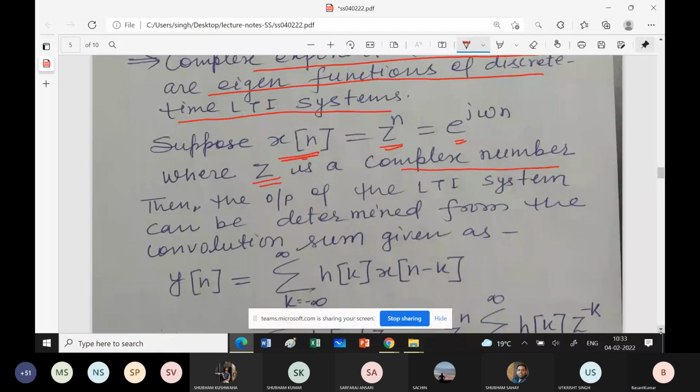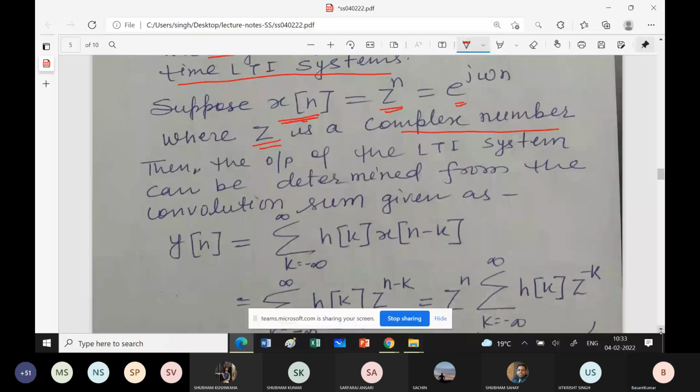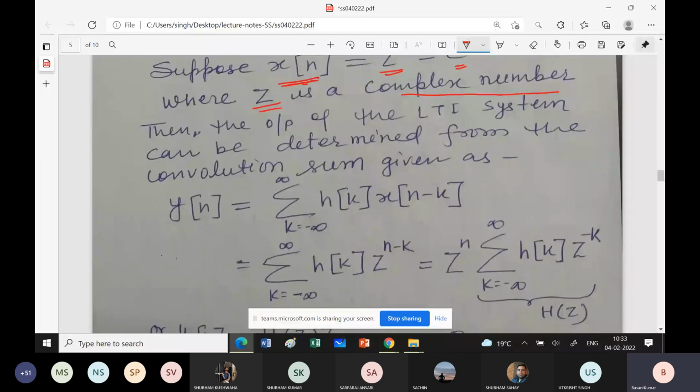ठीक है. देन अब ये अगर सिग्नल है, तो आउटपुट जो इस सिग्नल का होगा, इफ द कॉम्प्लेक्स एक्सपोनेंशियल z^n is the input, so what will be the output? So you have to just go by the conventional method.